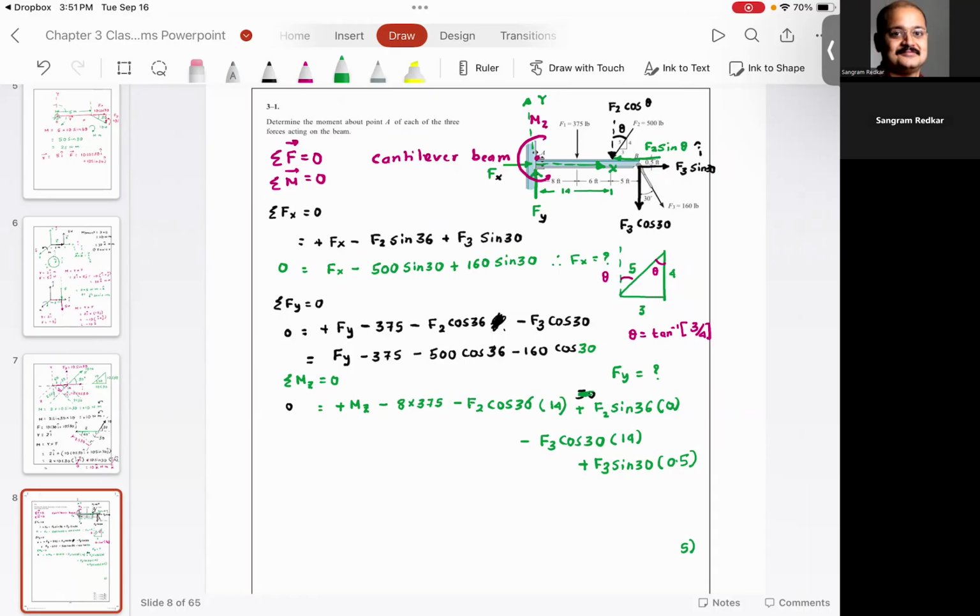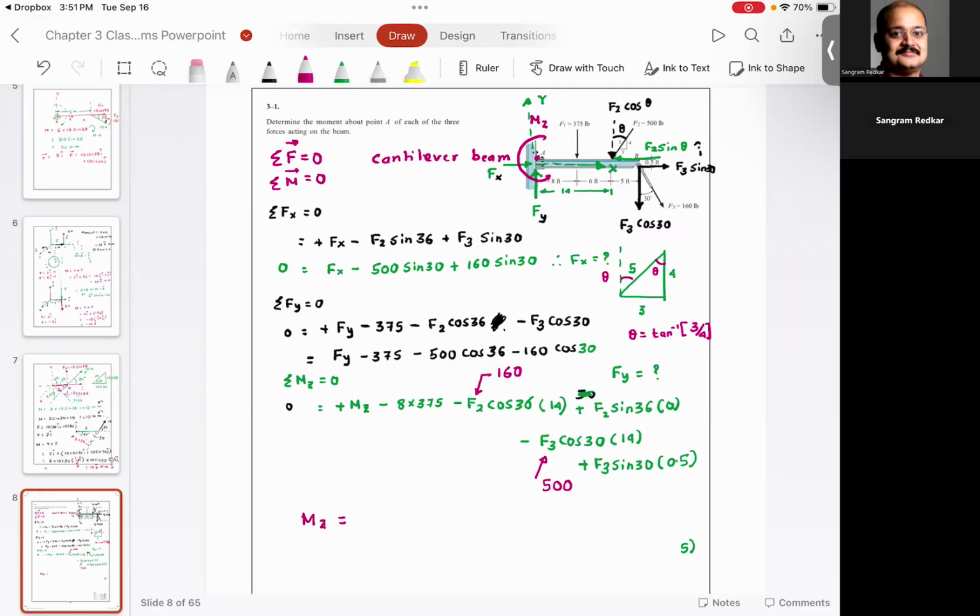And now your job is to plug in the value of F2. F2 is 160. Plug in the value of F2. F3 is 500. And find the value of Mz.